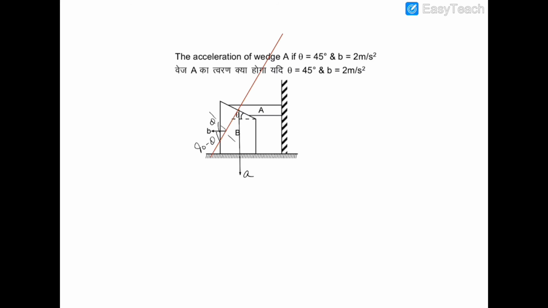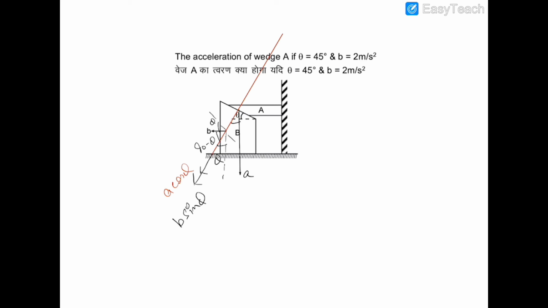So this angle will be theta and hence this angle will also be equal to theta. So the components of the accelerations will be: the component of B will be B sine theta, and the component of A will be A cos theta.